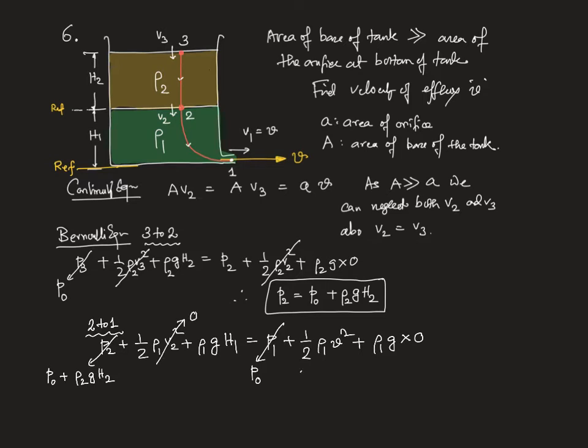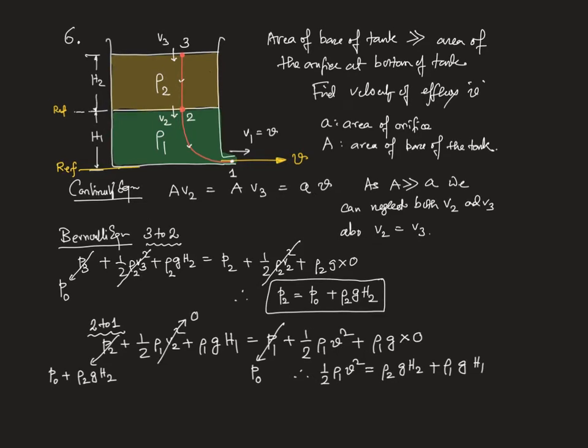Therefore, what you have is half rho 1 V square is equal to rho 2 g H2 plus rho 1 g H1.